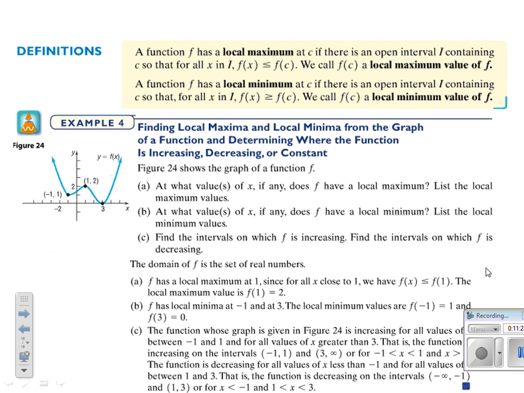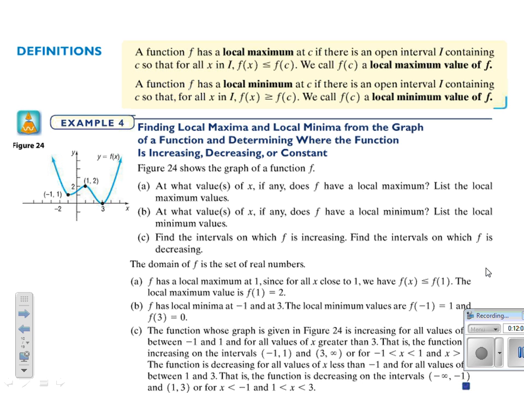All right, so we're going to go a little bit bigger because the previous information was more like an Algebra 2 kind of terminology, but now we're going to evaluate functions a little bit more closely and look for local maximums and local minimums. So a local maximum happens if for an interval containing c, f of x is less than or equal to f of c, then f of c is a local maximum.